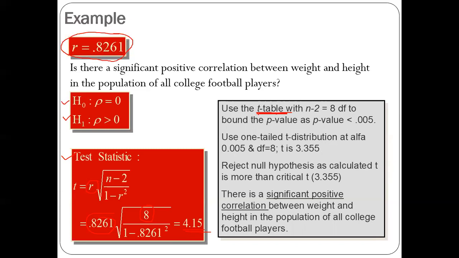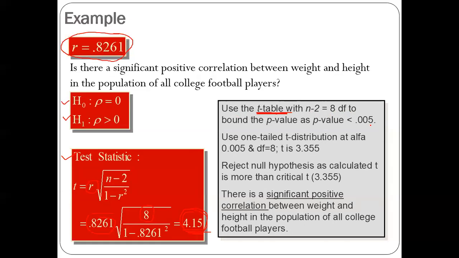Now we get the T test statistic value of 4.15. So now we use the T table with n minus 2 equal to 8, the degree of freedom. So the degree of freedom is 8, to bound the p-value as p-value less than 0.05.